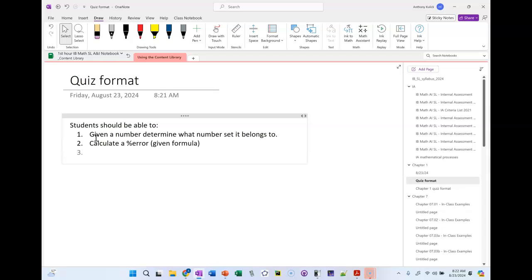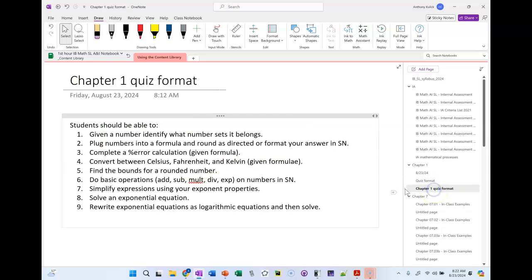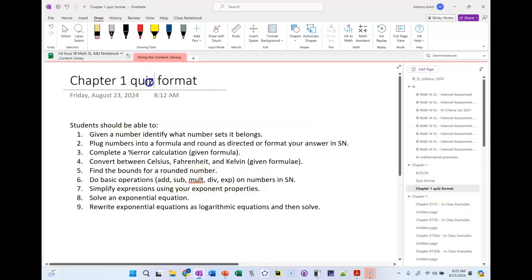You should have to calculate percent error, even though I give you the formula. I should just copy and paste these in here. I need to change that.